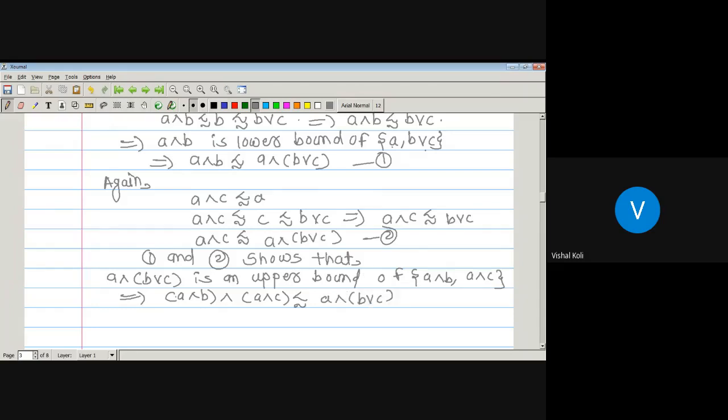Here we have to take the join, since we have to prove that (A meet B) join (A meet C) precedes A meet (B join C).